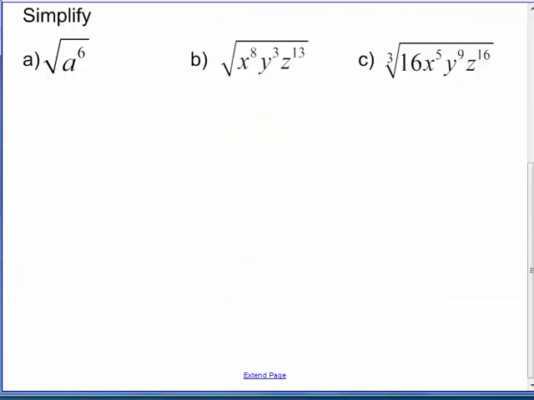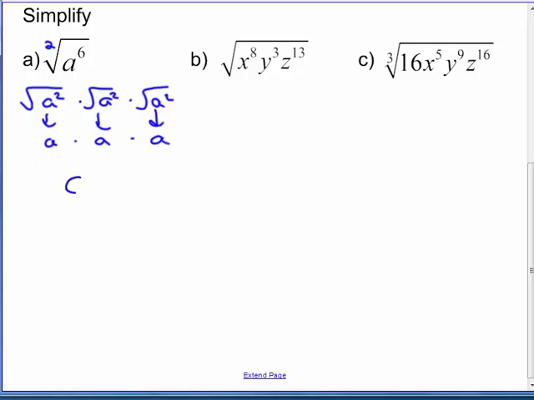And then in the last one here, what do we do with some variables? Remember, when there's nothing there, it's squared here. So I'm looking at how many a squareds I have. I'm going to break this up into a squared, a squared, a squared. The square root of a squared is a for each of these. So I get a times a times a, which is a to the third.